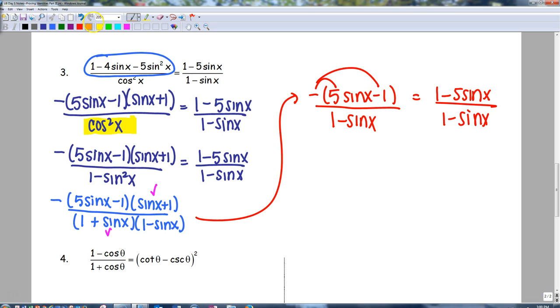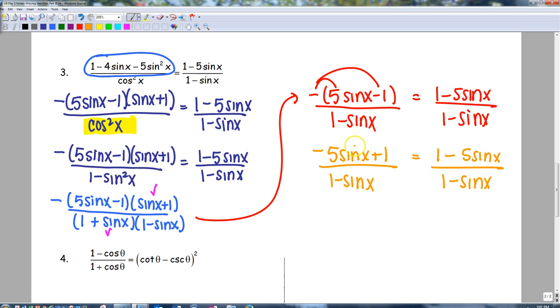And that will give us negative 5 sine of x plus 1 over 1 minus sine of x. And you're not done until they look exactly alike, so I am going to make you switch the order on these now.